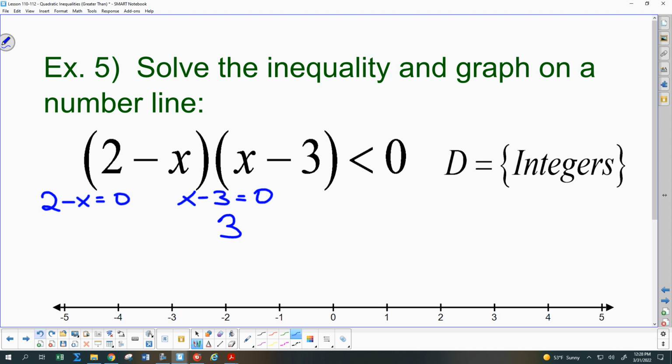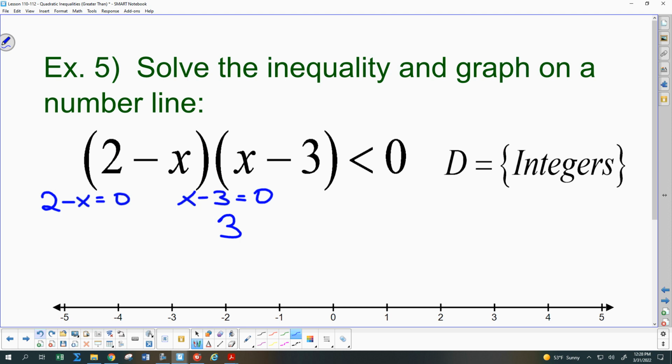What do you guys think? We're used to looking at it and taking the opposite of that number. Will -2 work there? Is 2 minus -2 going to give me 0?